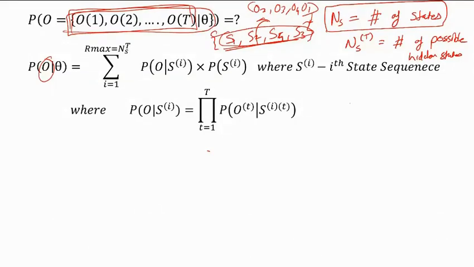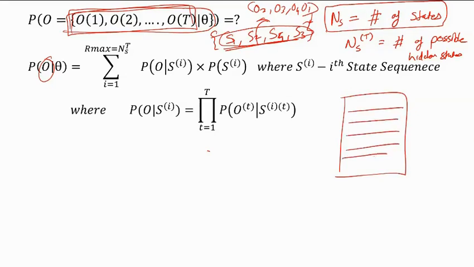You can imagine something like this. Say this is one sequence, this is another sequence, this is a third sequence, and so on. How many such sequences can I generate out of the NS given?